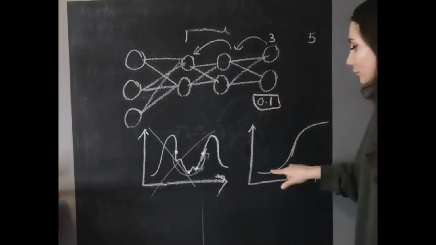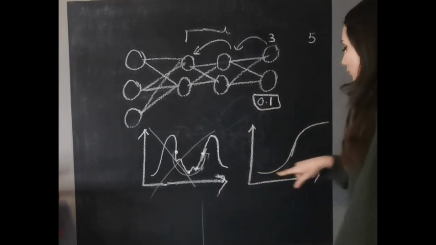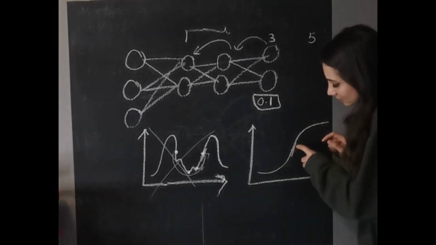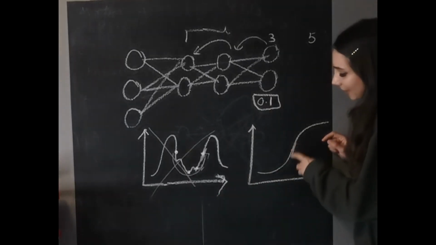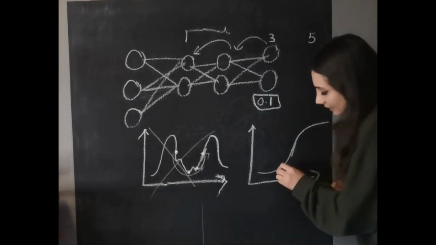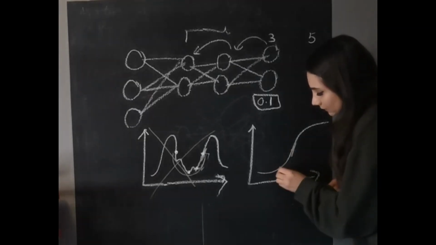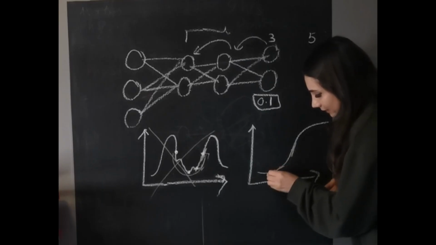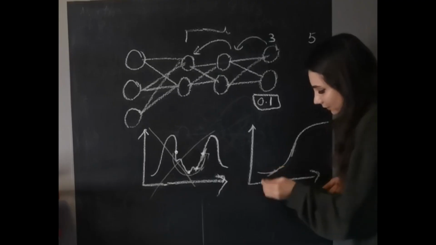It happens based on the activation function that you choose. For example, if you're using sigmoid, as you can see here, the gradients are very steep, so the learning happens quite frequently. But when you get somewhere close to 0 or 1, the gradient, or the derivative, is not steep anymore.